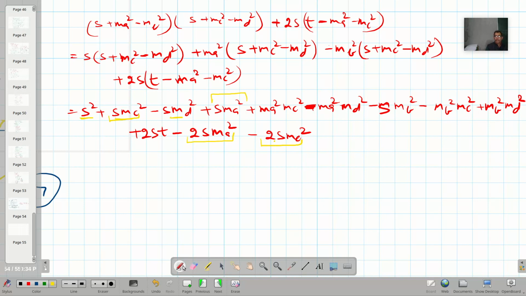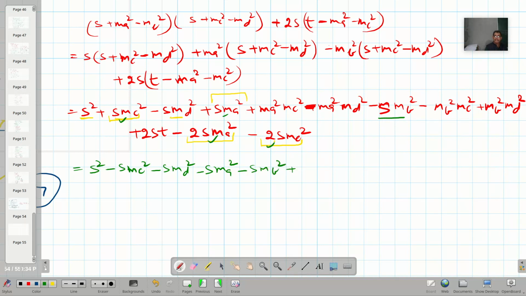So what I can do, I can write this as s square minus s·m_c square, these two terms when put together, and minus s·m_d square and then s·m_a square, and this one, so it is minus s·m_a square, right? And another term will be s·m_b square, so it is minus s·m_b square.